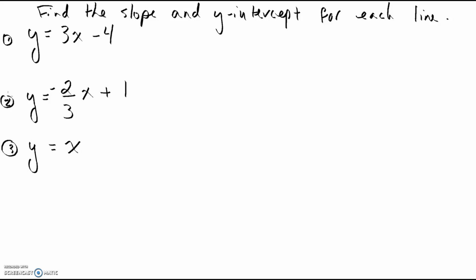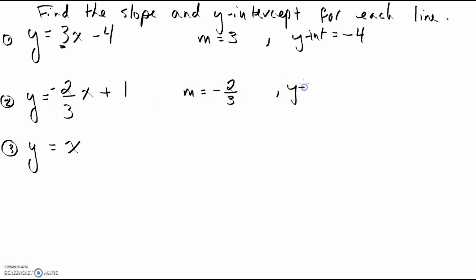All right. Since these are already in slope-intercept form, we can see the slope is the coefficient of x. So in this case, m equals 3. And the y-intercept equals negative 4. For this one, the coefficient of x is the slope, which is negative 2/3.